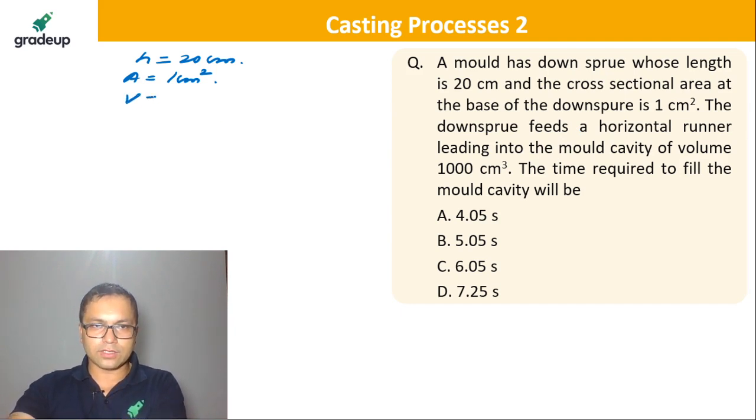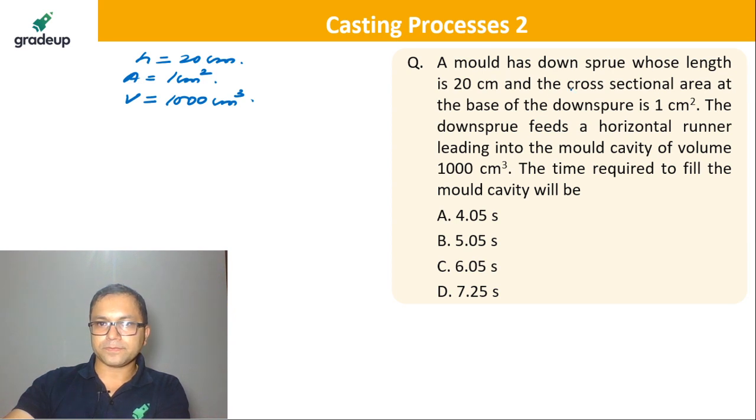So volume is given to us something like this. So that's 1000 centimeter cube, okay? The time required to fill the mold cavity, okay? It's a horizontal runner to fill the mold cavity, okay?